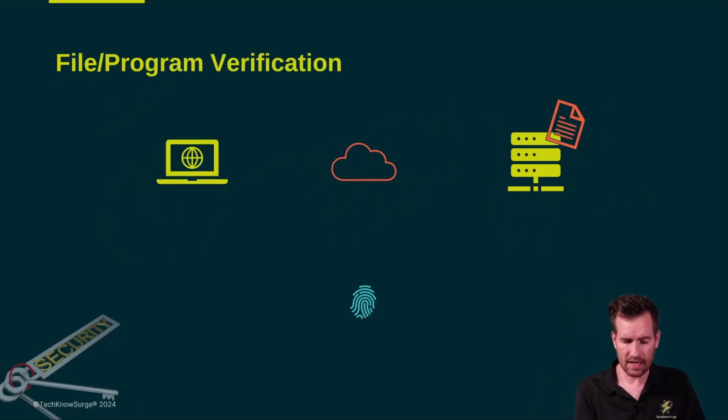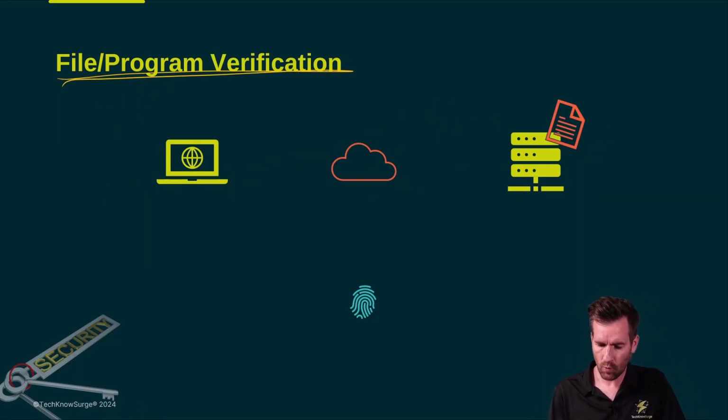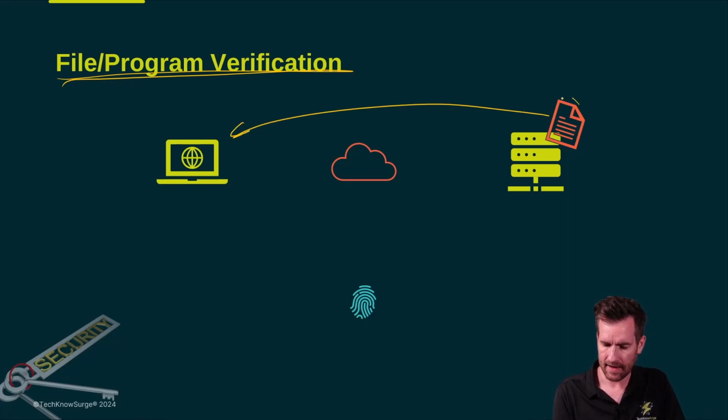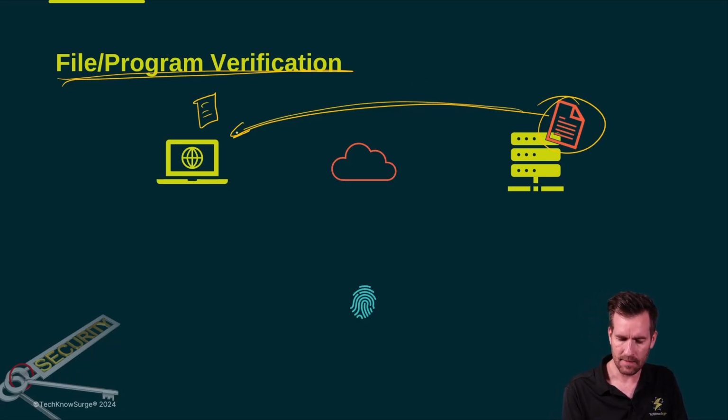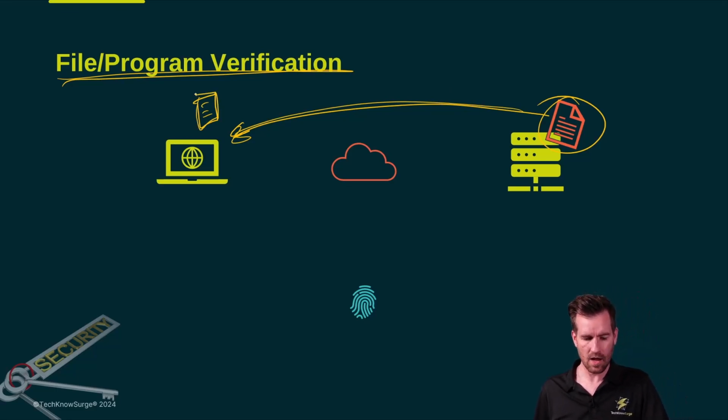Another example is we could verify some sort of file or program. That is, we want to download a file from a server. But the problem is that once we get it, we don't know if this was the actual file that we wanted. Perhaps somebody did a man-in-the-middle attack and has altered it and put some sort of virus on it. So we want to check it to make sure that it's accurate.